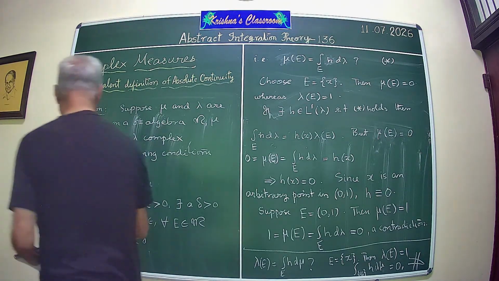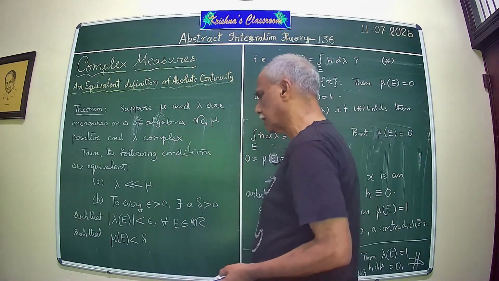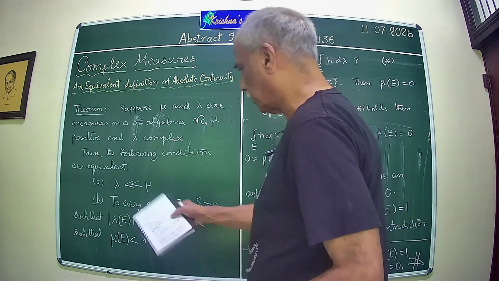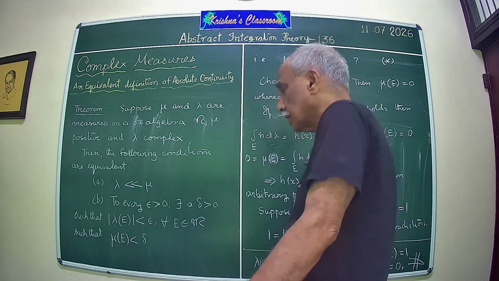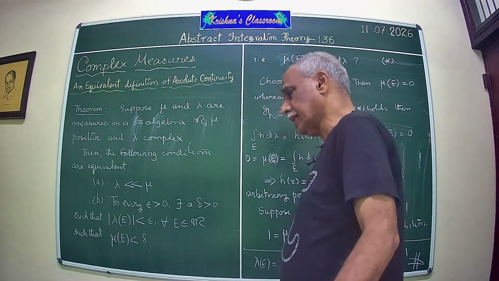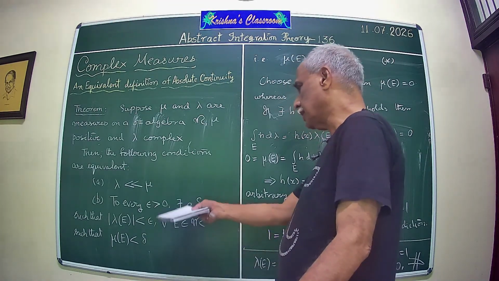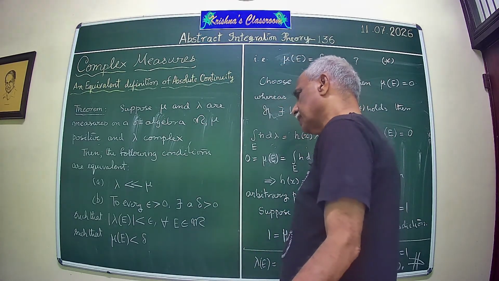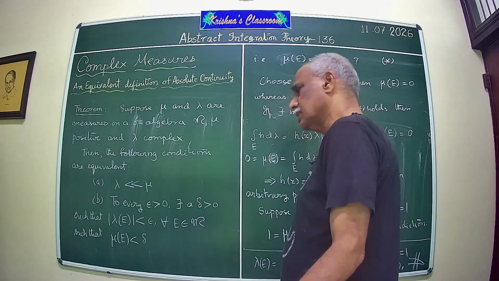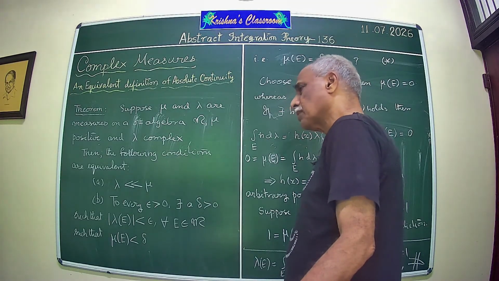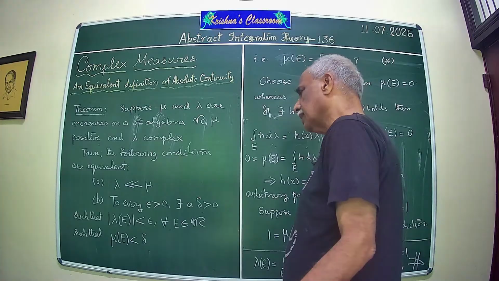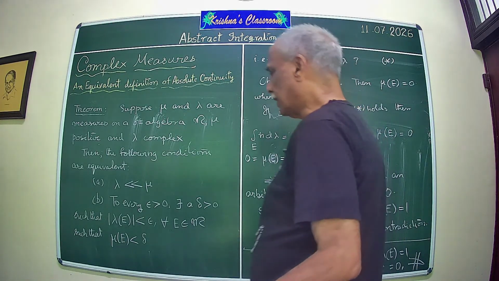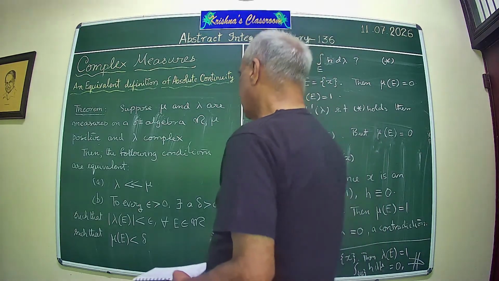Lambda is a complex measure, therefore we have the absolute value there. Here mu is a positive measure, therefore we are not using that. So given epsilon, there exists a delta such that whenever E is a measurable set with mu of E less than delta, then mod lambda E is less than epsilon. So this is the conclusion.